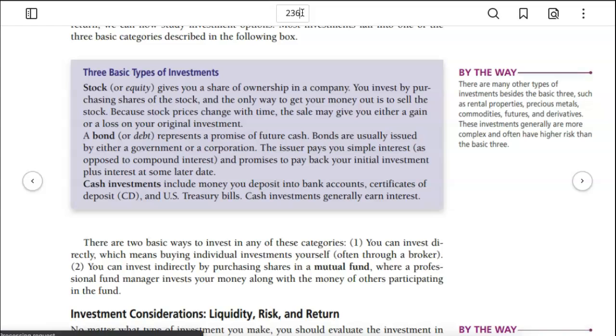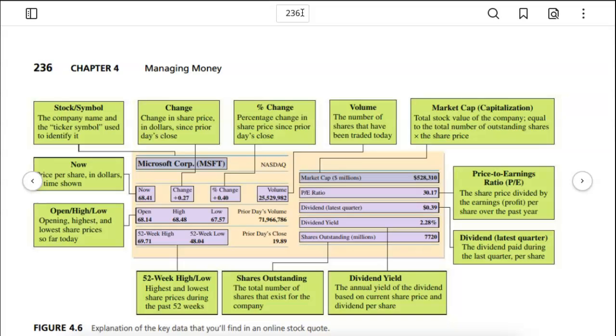And then as an example, I just wanted to highlight real quick how we can read some of the key findings that we may see on either online stock quotes or, I believe, there's another one for bonds as well in this section. This really breaks down how we can read this information that's given to us.